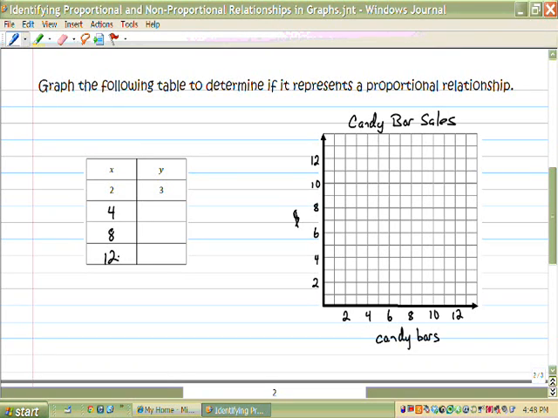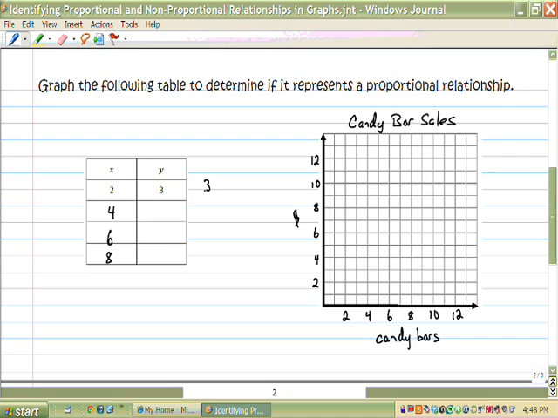It doesn't matter what you pick for x there. It's independent, remember? I'm just trying to spread out my points so I get a nicer graph. I'm going to go 2, 4, 6, 8. That's better. And that just spreads my data out a little bit, okay? So go ahead and fill out the chart and then graph it. Pause the video now.